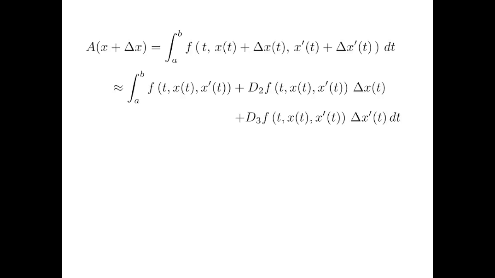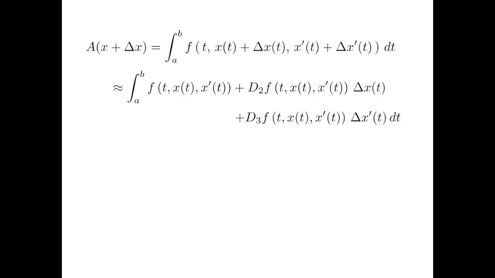So here we have A of x plus stuff. And that stuff is the integral of the second derivative of f times delta x plus the integral of the third derivative of f times delta x prime. That's the problem. We have delta x prime, but we want delta x.